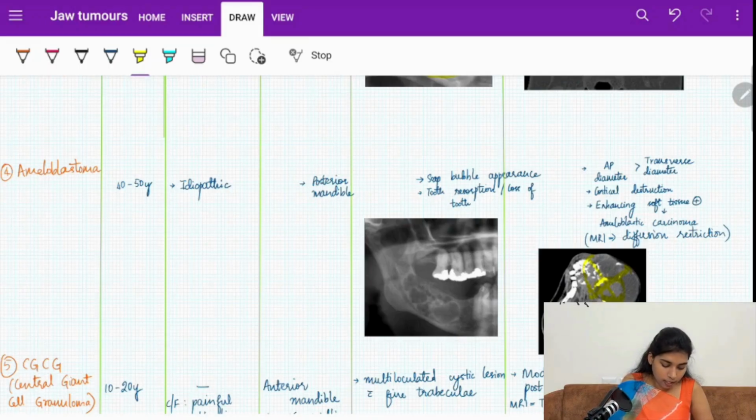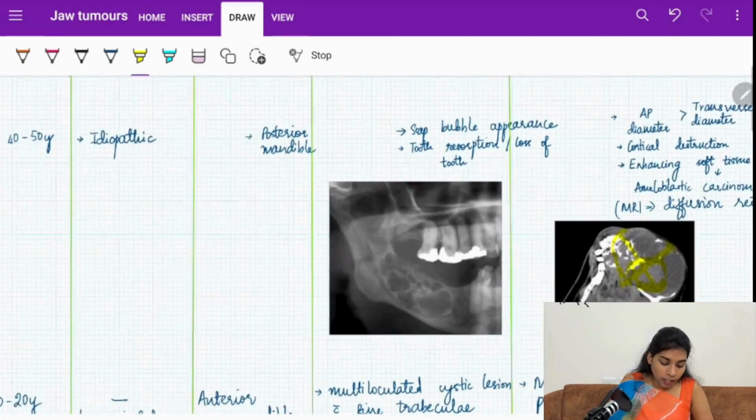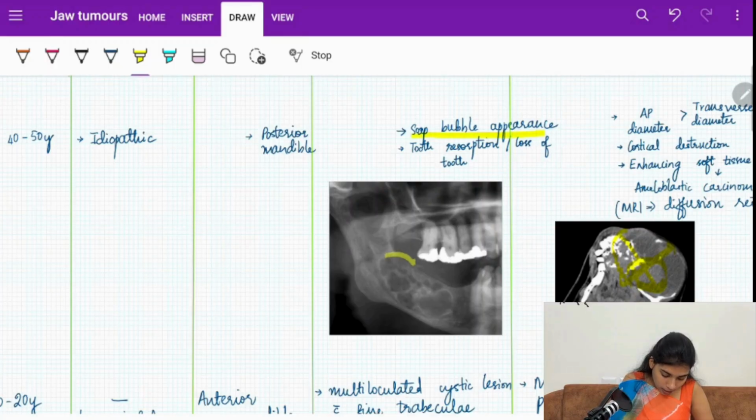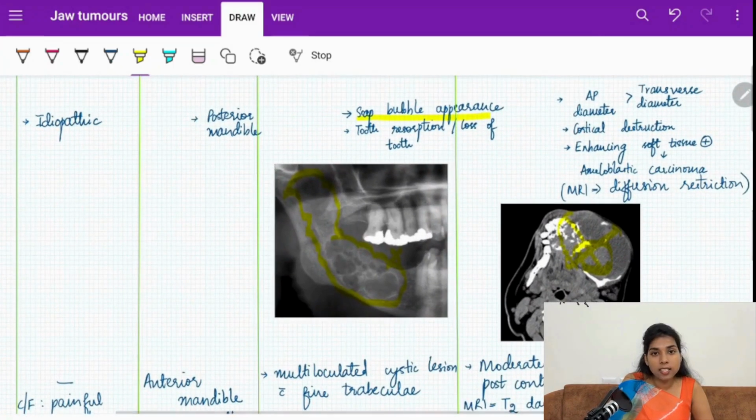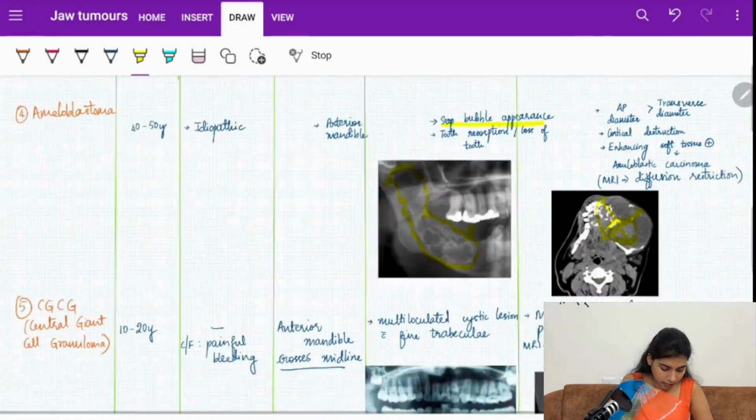This is again a spotter and a long case also in our practicals. You will see a typical soap bubble appearance where you can see this multiloculated cystic lesion with coarse trabeculations, and you can see typically there is loss of tooth. This is an ameloblastoma, and we have already discussed the CT findings in comparison to OKC, right?